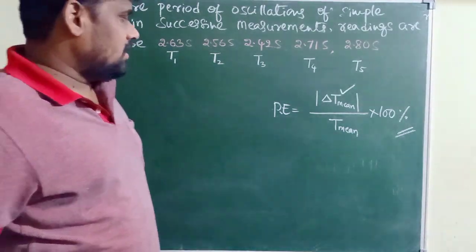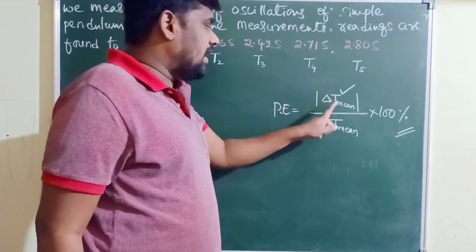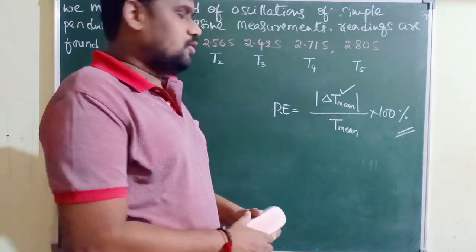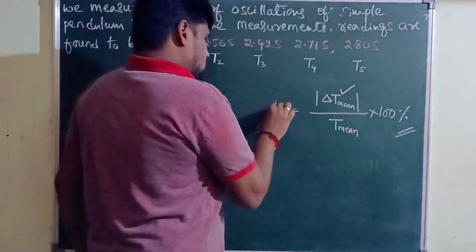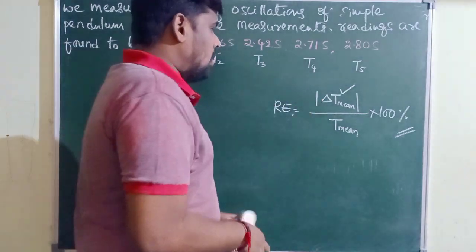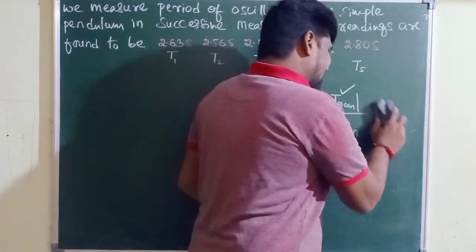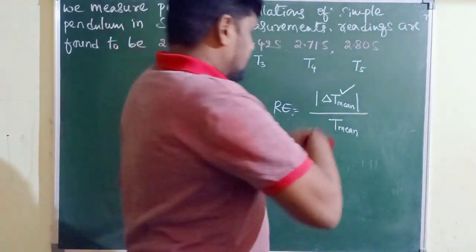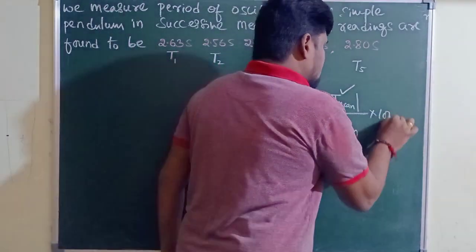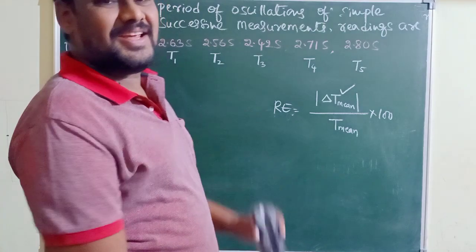Modulus of delta T mean is called absolute error, and modulus of delta T mean divided by T mean is called relative error. If you multiply this with 100, then it is called percentage of error.